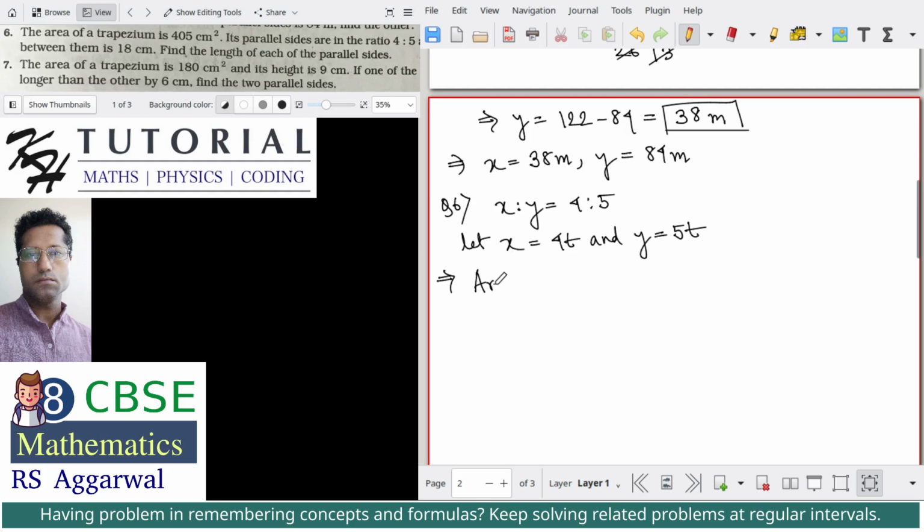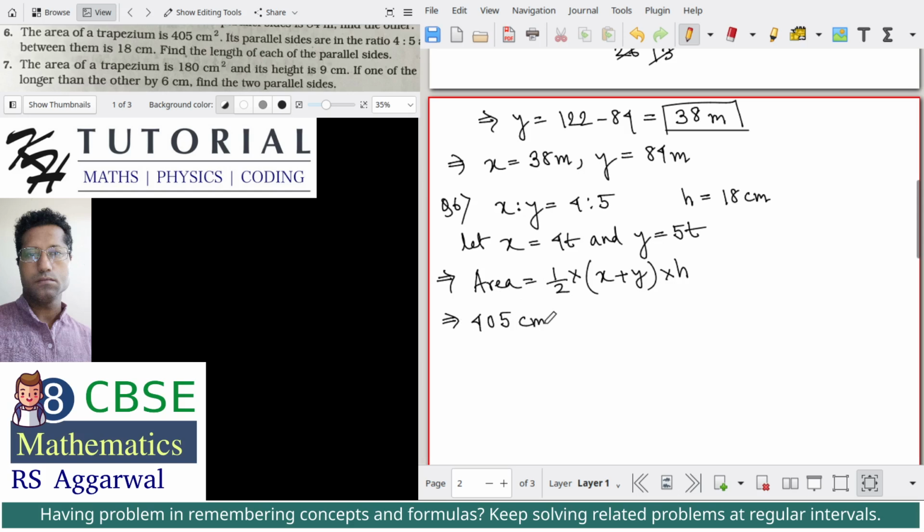Now, this implies area will be equal to half multiplied by x plus y multiplied by h. So h is given as 18 centimeter. The distance between the parallel sides is the height of the trapezium, which is given as 18 centimeter. The area is also given as 405 centimeter square.